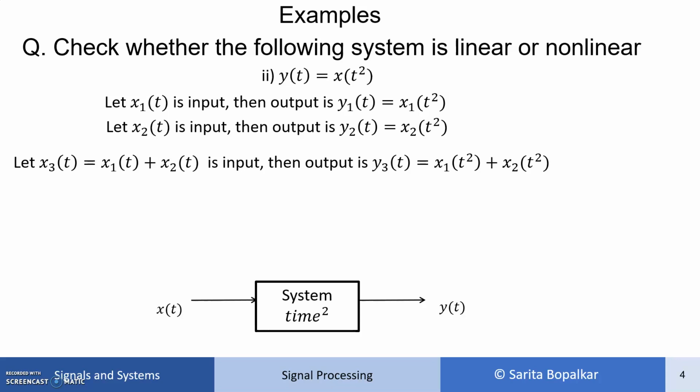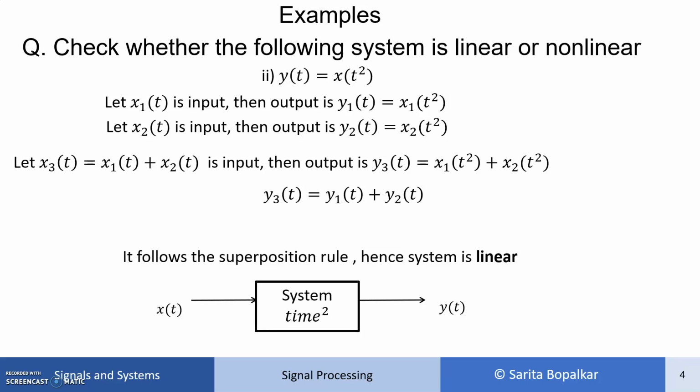We know that x1(t²) is y1(t) and x2(t²) is y2(t). So we can write the output is y1(t) plus y2(t). So when the input is the addition of two signals, the output is the addition of its individual outputs. That means it follows the superposition principle and the system is a linear system.